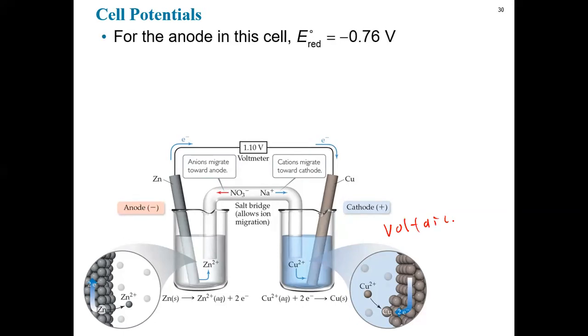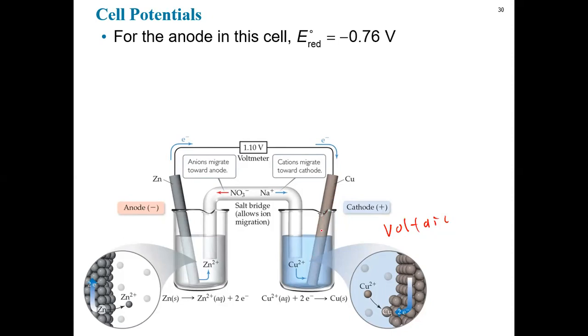For this chemical reaction, we can see our anode is this zinc electrode. So zinc lost electrons, being oxidized. Those lost electrons flow out through the external wire to the copper electrode.